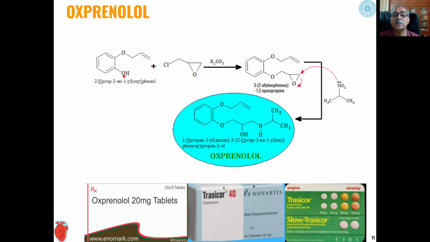In the same way, this oxygen will attack this carbon with the elimination of this halogen.